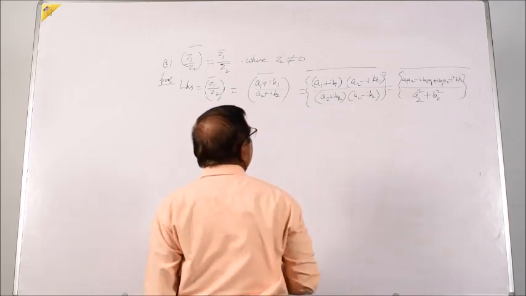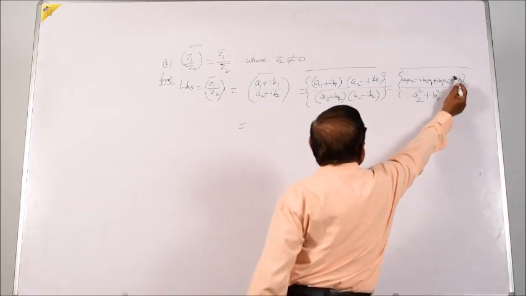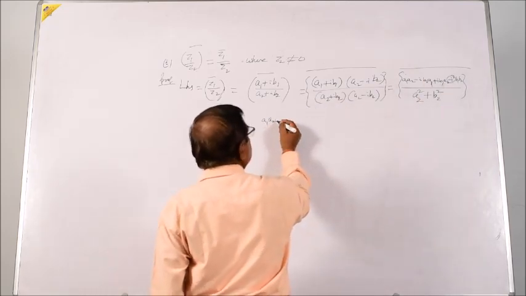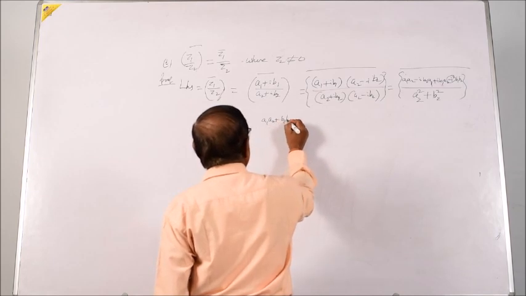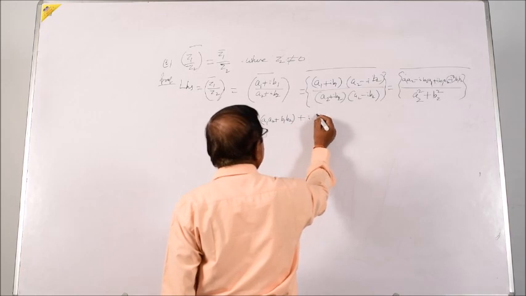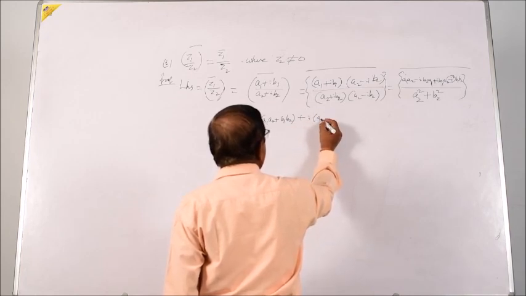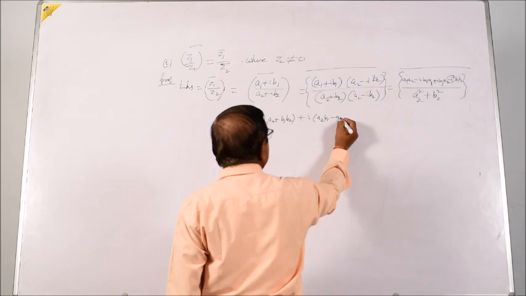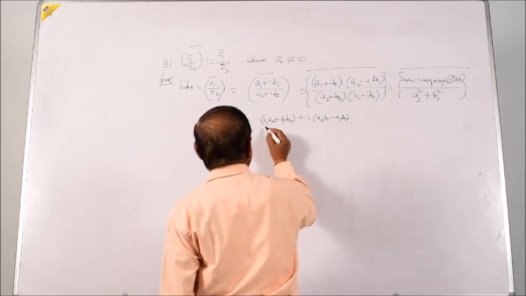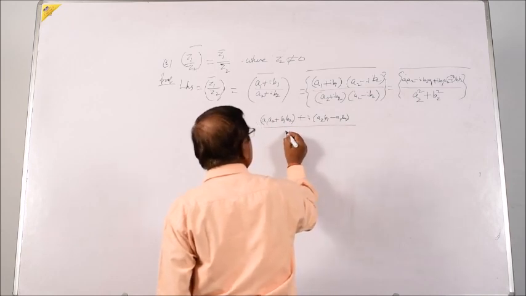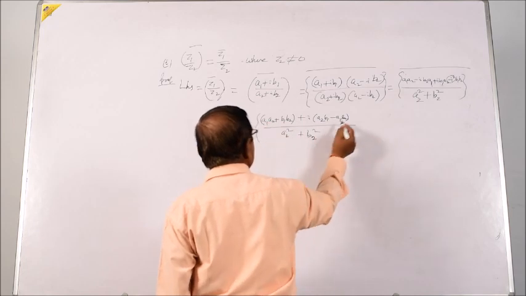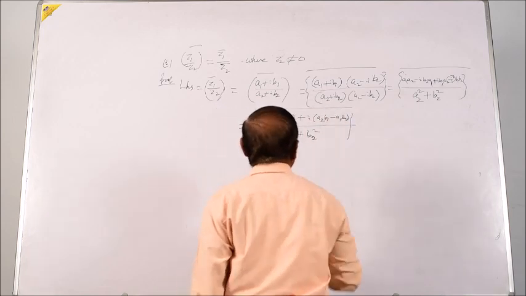Because i square is minus 1, this becomes a1 a2 plus b1 b2, and taking i common, a2 b1 minus a1 b2, by a2 square plus b2 square, whole conjugate.